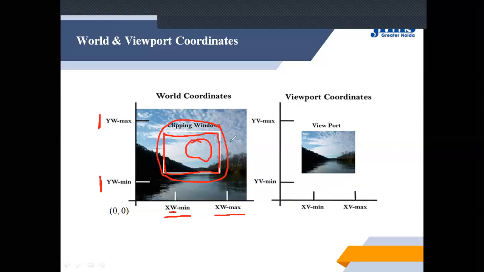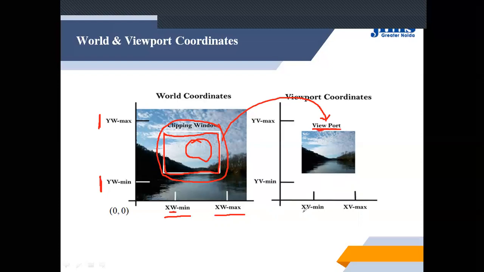And when we are mapping this world window onto another port, another window, that may be enlarged or diminished, then we call it viewport, meaning where we want to view that image, that's the viewport.